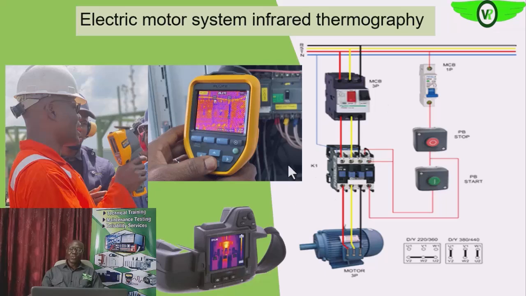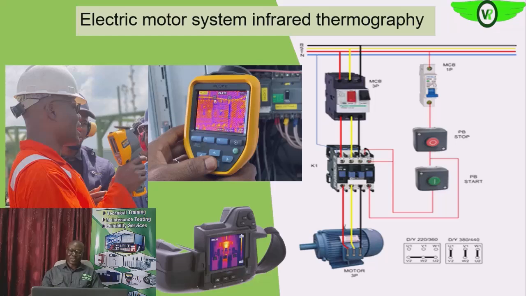So we want to use this to detect hot spots in the electrical system. Hot spot is synonymous with spots or points of higher resistance that can introduce resistance imbalance into the system. Are we getting it? Into our electric motor system, which we know is detrimental to the operations of our electric motor.